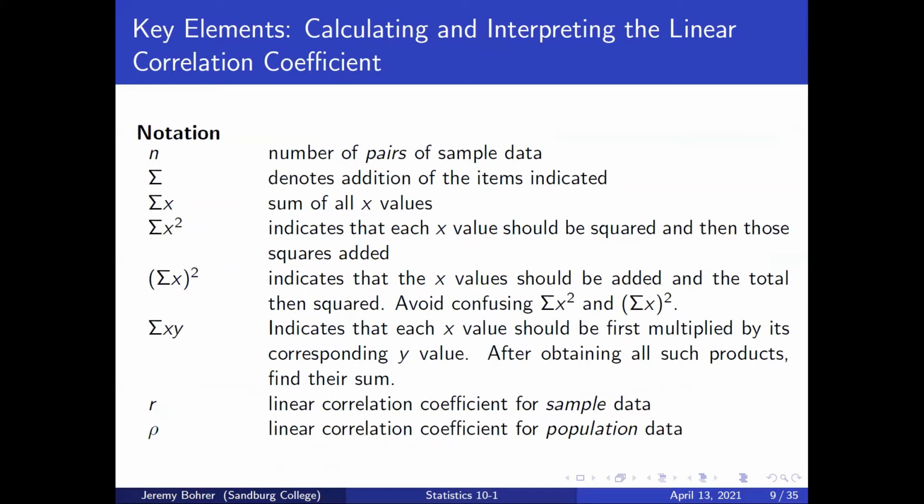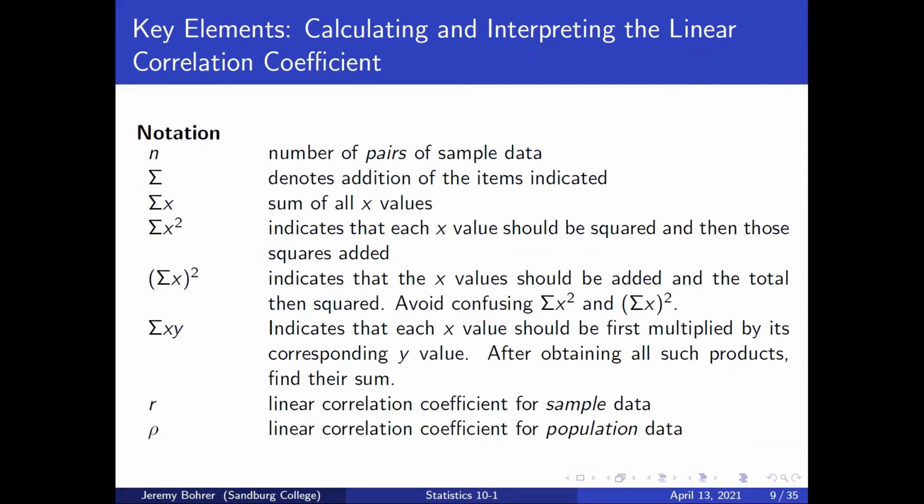Key elements. In notation, n is the number of pairs of sample data. The capital sigma denotes addition of the items indicated. So sigma x is the sum of all x values, and sigma x squared indicates that each x value should be squared and then those squares added. Whereas sigma x, in parentheses, quantity squared indicates that the x values should be added and the total then squared.